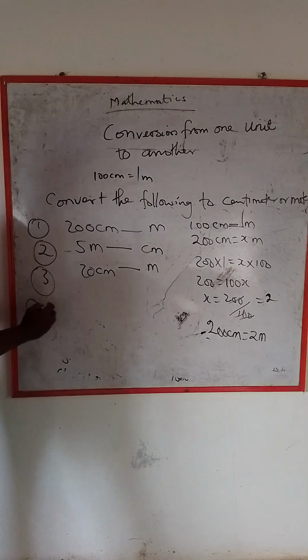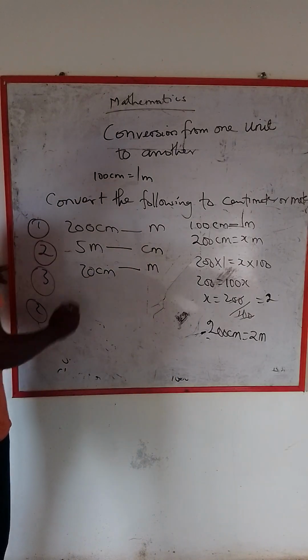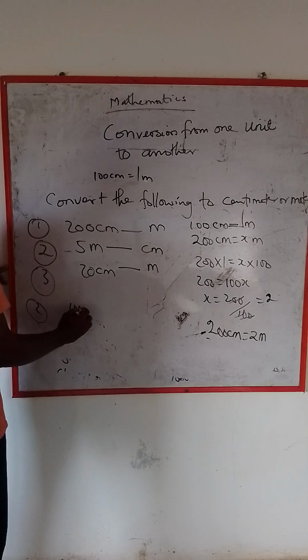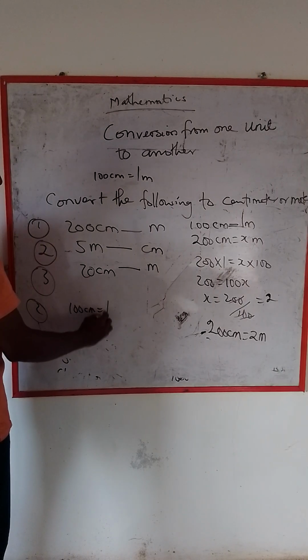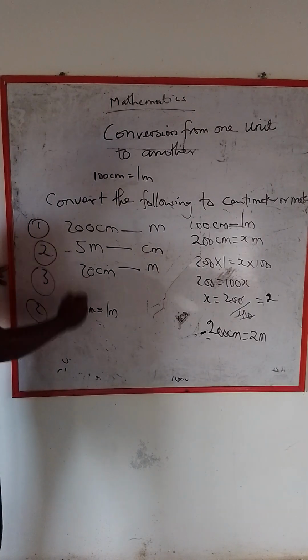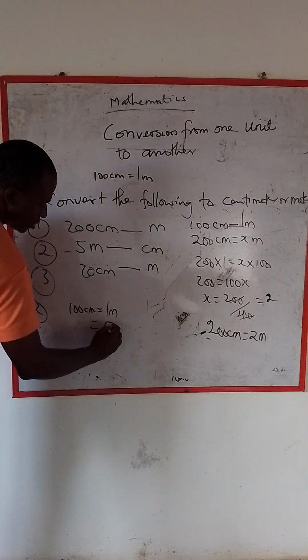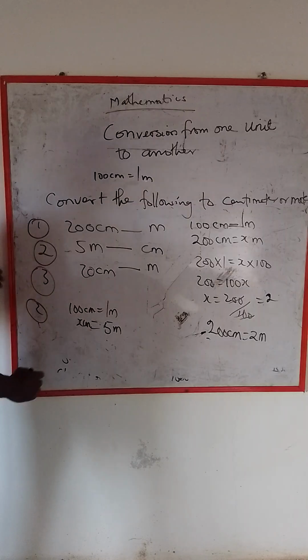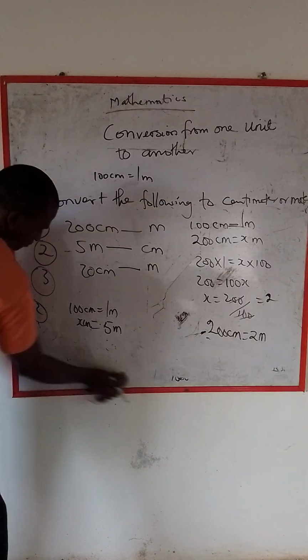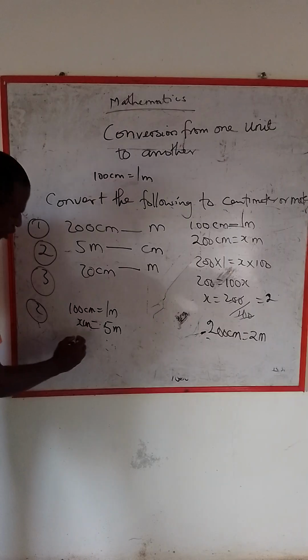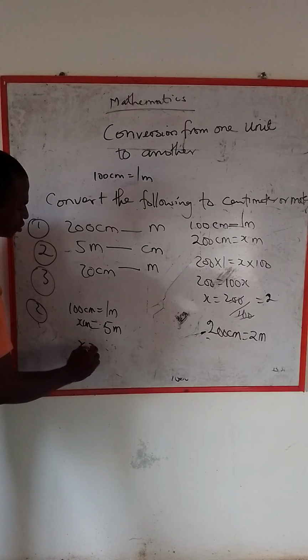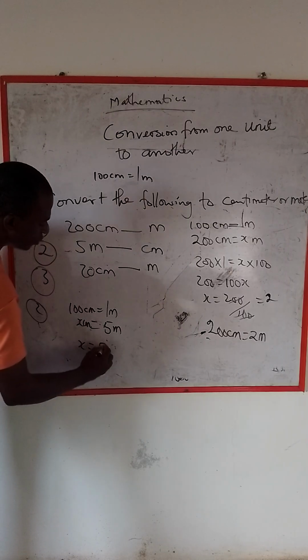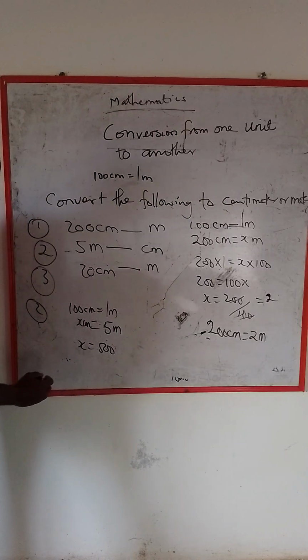Number 2, going back to our relationship again, we have 100 centimeter equal to 1 meter. Then 5 meter. Don't forget, the arrangement must be done accordingly. x centimeter. We cross multiply as usual. We are going to have x equal to 5 times 100, we have 500.